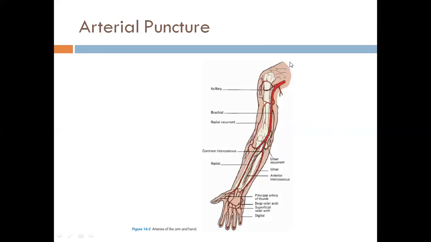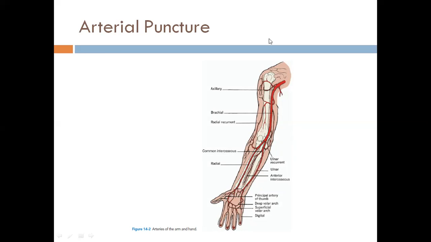So this is a picture that shows you the arteries of the arm and the hand. As you can see here, you have the ulnar artery. Ayan. This is your pinky finger, whereas this is your thumb where your radial artery is present. So nandito lang siya, class.